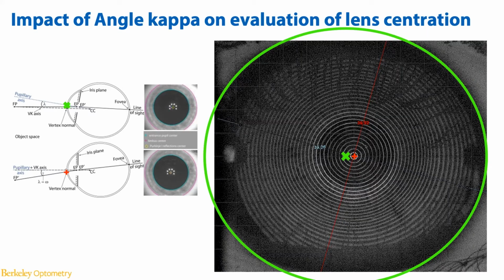This is different than the geometric center of the cornea, which is denoted as the green X. And the larger the angle kappa, the bigger the misalignment between the red cross versus the green X. And if this is not corrected, you can see from the very last placido ring how close it is to the limbus versus on the other side, how big the gap is.